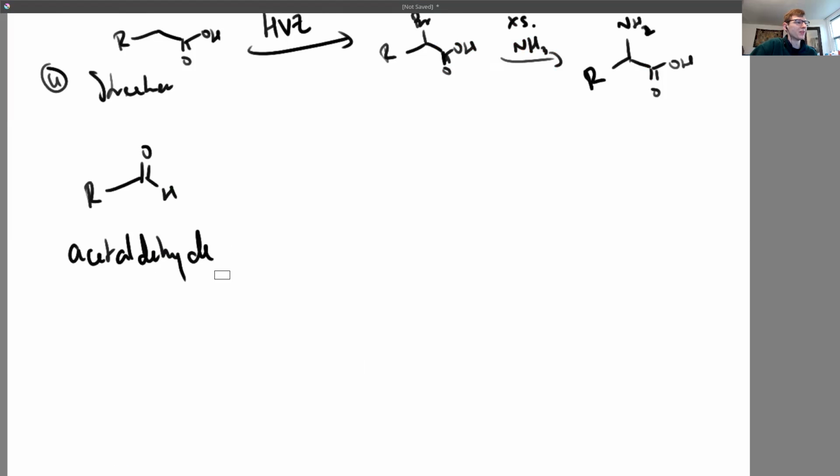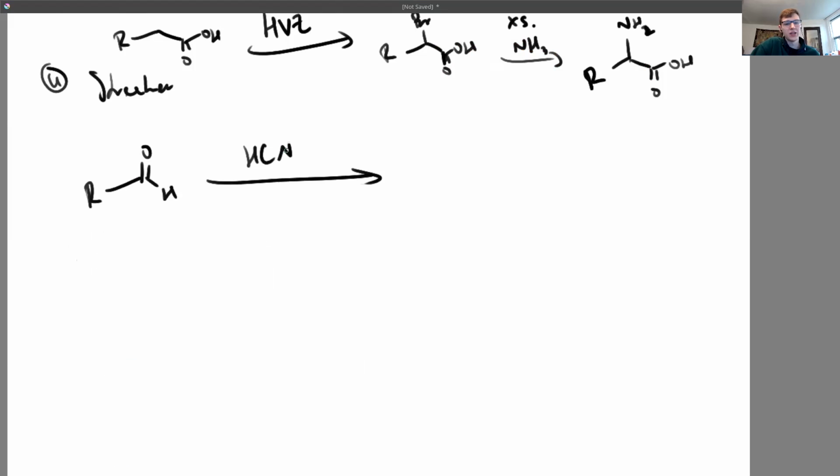So maybe it doesn't have to be acetaldehyde. It might just have to be some aldehyde in general, and then you add a cyano group and probably NH3. I think so.